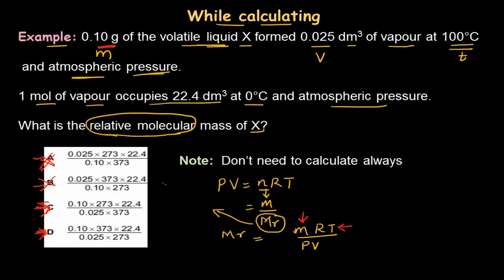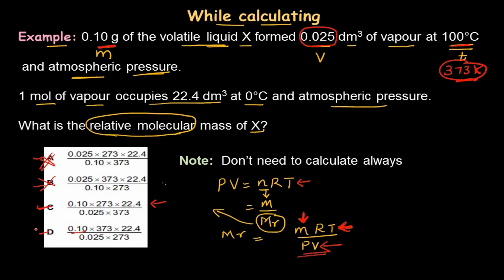Mass is done. Temperature here is 100 degrees Celsius. We need to change it to Kelvin, because according to the formula the temperature should be in Kelvin. So it is 373 Kelvin, which should be on the top, in the numerator.